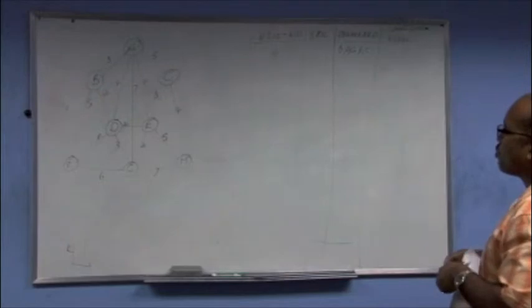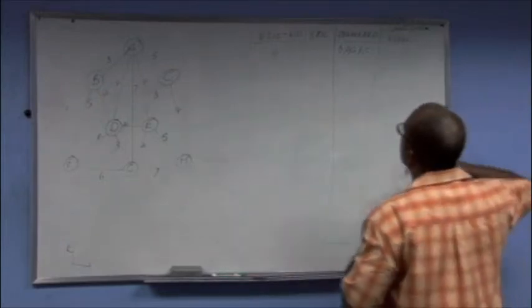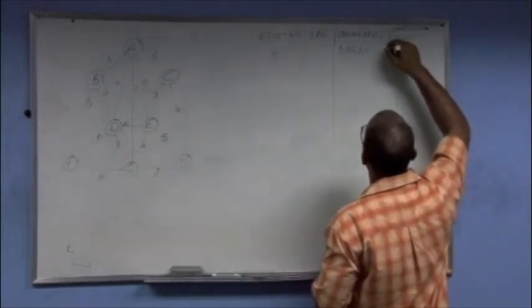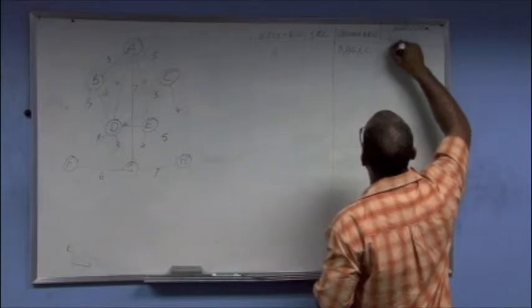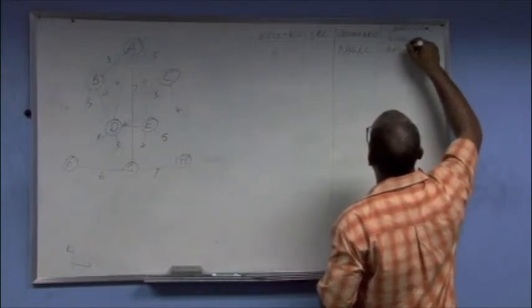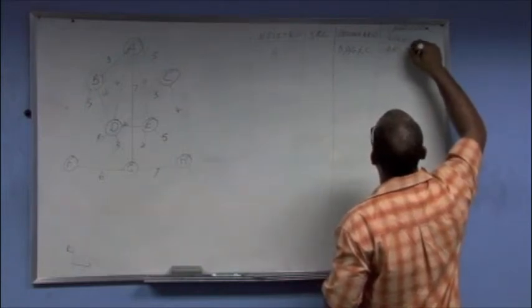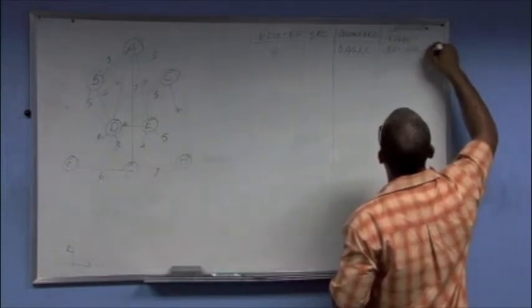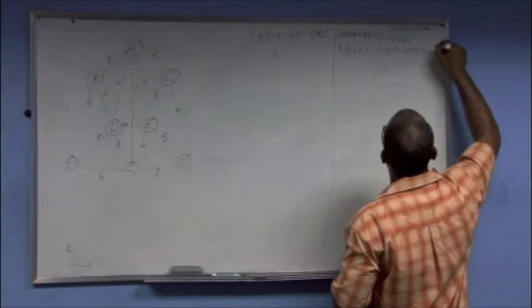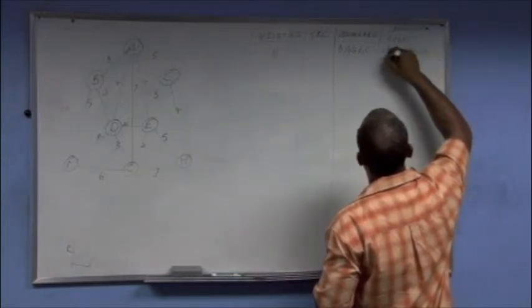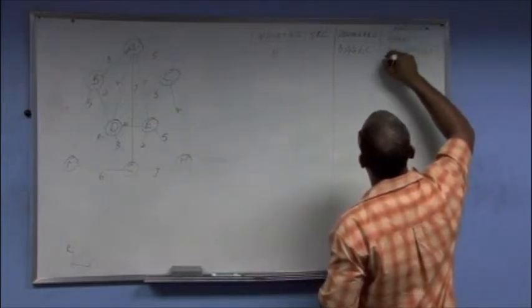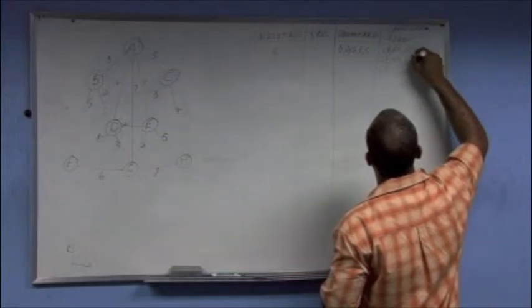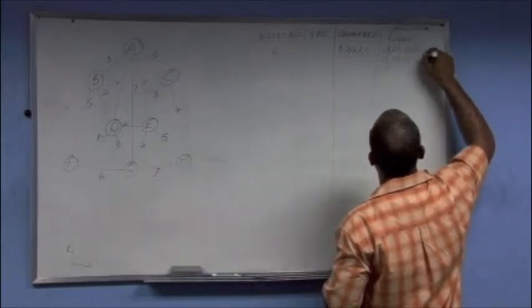And the way we write it down would be as a set of pairs. So we have B from A, D from A, G from A, E from A, C from A.